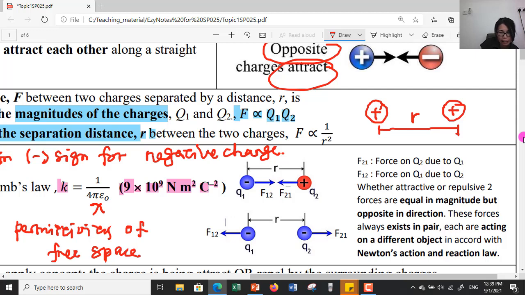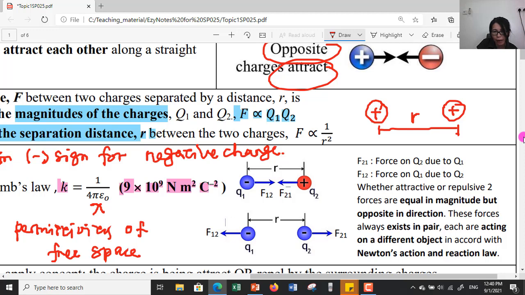F12 pergi ke sebelah kiri sebab Q1 experience repulsive force. Same goes for Q2. Q2 akan rasa juga daya daripada charge Q1. Kerana Q2 adalah negatif, Q1 pun adalah negatif. So, Q2 akan rasa repulsive force from Q1 to the right.